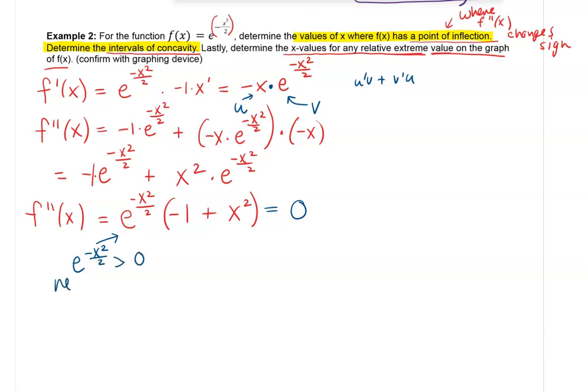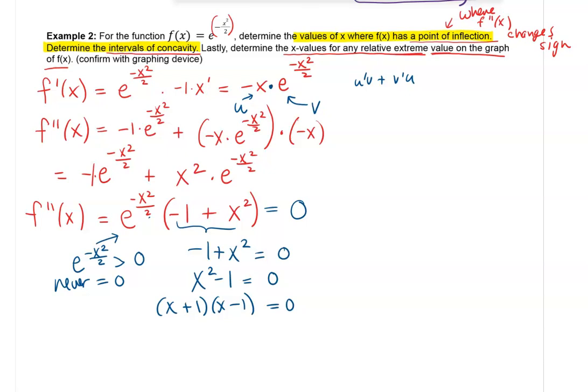So it's never going to equal 0. So we don't really worry about that factor. It's this part, the -1 plus x squared, that could equal 0. So you could think of it either as a difference of squares that factors into x plus 1, x minus 1, or you could think of it as add 1 to the other side, square root both sides. At any rate, you get -1 and +1 as your possible places where the concavity might change on the graph of f. So these are our zeros of the second derivative.